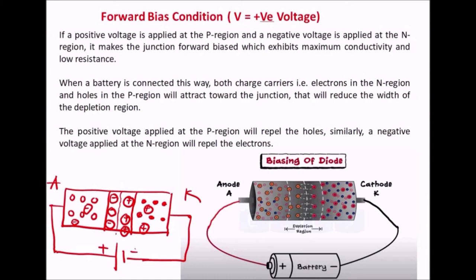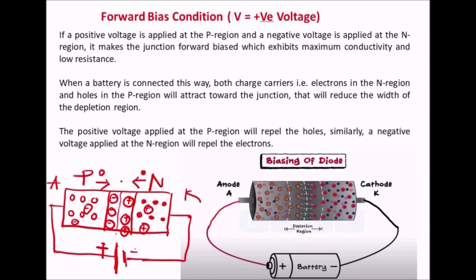Okay, this is p type and this is n type. So the holes and the positive terminal will repel each other. If they repel each other, the holes will move towards the junction. The negative terminal of the battery will repel electrons, so the electrons will move towards the junction.